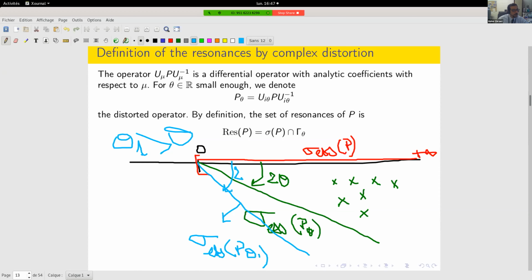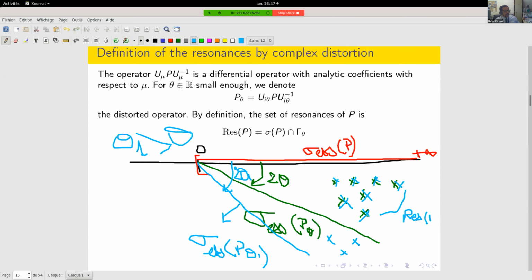And the very crucial point is that you discover the same eigenvalue in the sector given by P theta, but also maybe others. So this eigenvalue doesn't depend on theta, it doesn't depend on the distortion, we can show, and this is by definition the resonances of P.